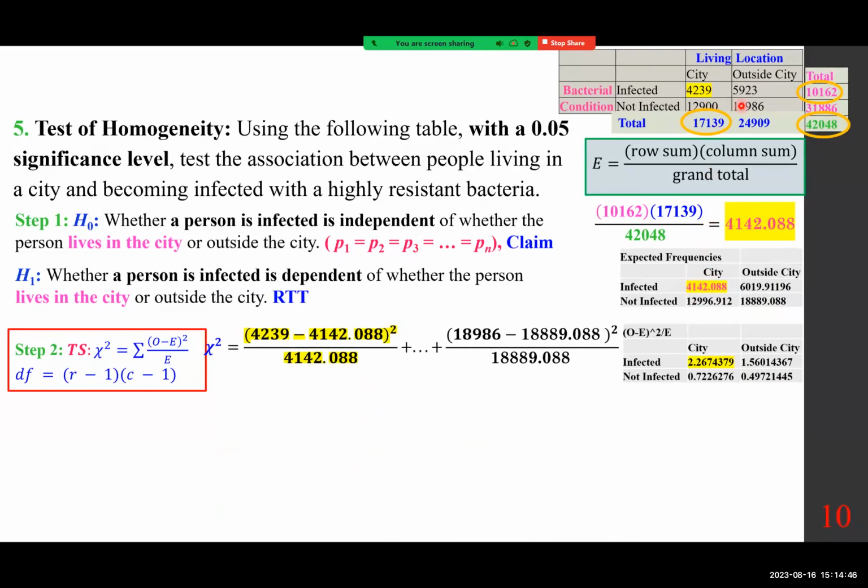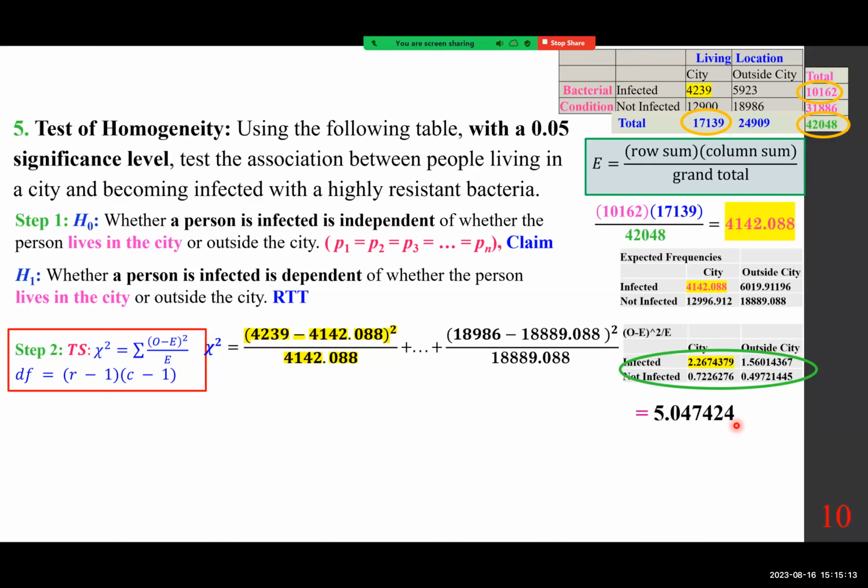And you go all the way to the last one, this number minus this number, squared, divided by the expected value. And as I mentioned, if you put the formula into Excel, it will calculate the test statistic, which becomes 5.047424.